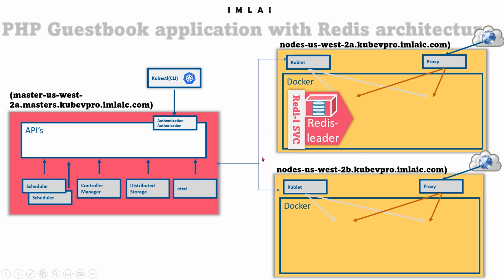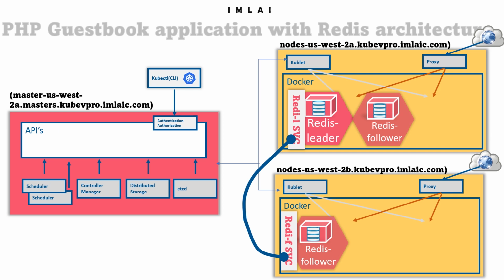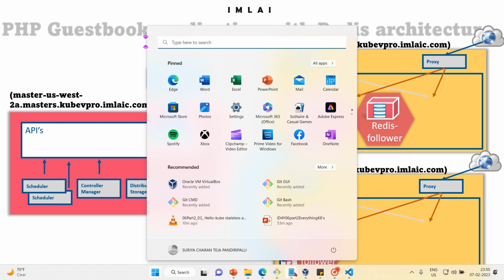Then once that is done, the third step is to create a deployment definition for Redis followers. What are Redis followers? I am going to explain, but for now it's two more additional pods we are going to deploy, and let me write that.